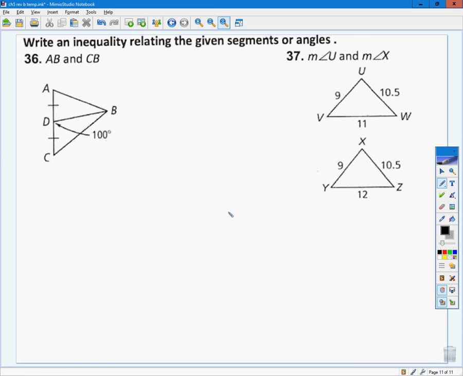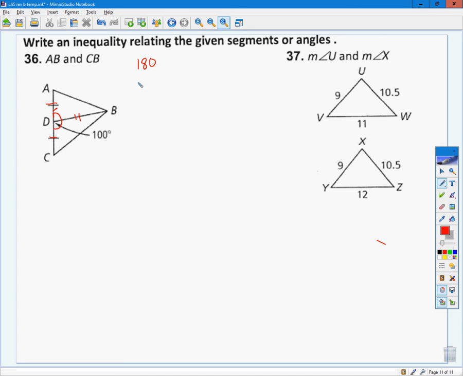36 and 37. They're asking me to compare or write an inequality of AB and CB. So they're comparing these two sides in this problem. I see I have one side marked as congruent. The other side would be congruent is this side that's reflexive. In order to compare AB to CB, I'd have to know something about this angle that's in here. But I do know that these two form a linear pair.